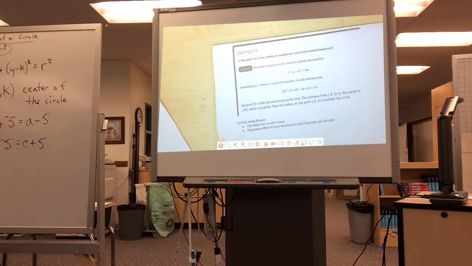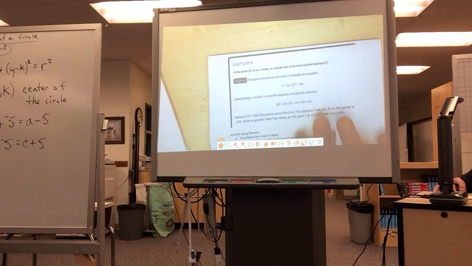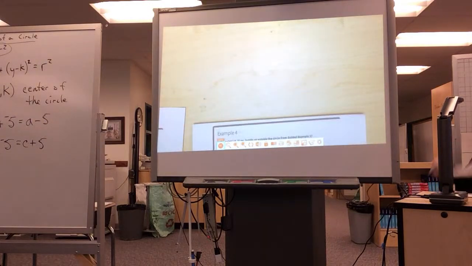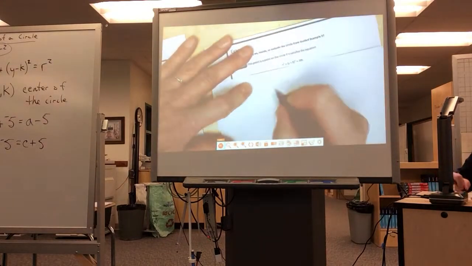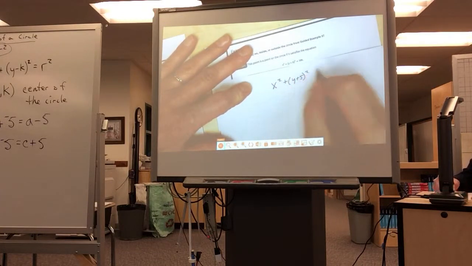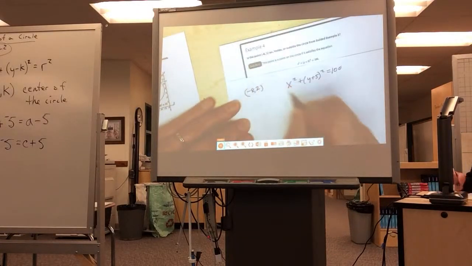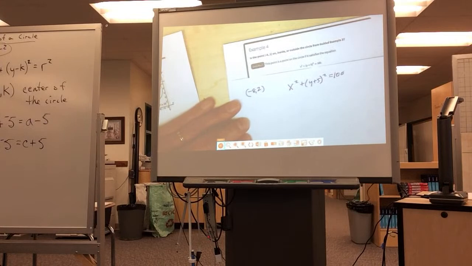And we're using the same equation as what you guys had, which is, I'm going to write it a little bit bigger, x squared plus (y plus 5) squared is equal to 100. And we're taking -8, 2, and we're trying to find out, is that on the inside, the outside, or is it on the circle?